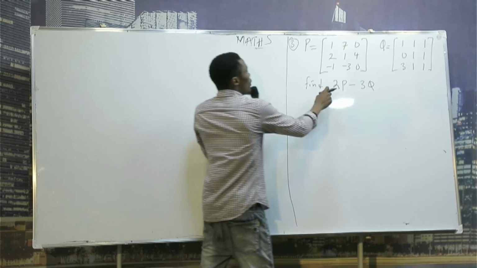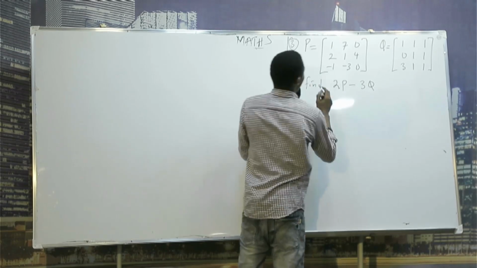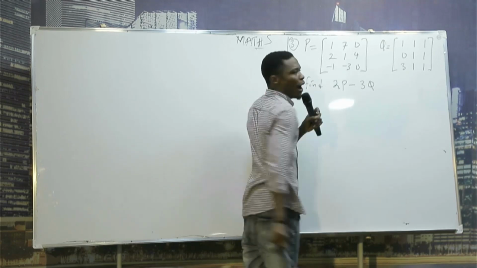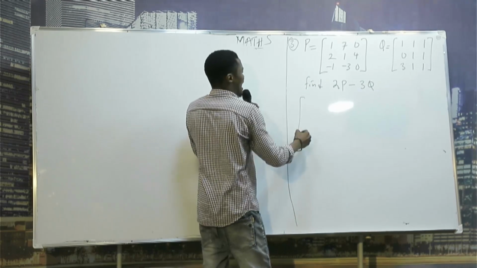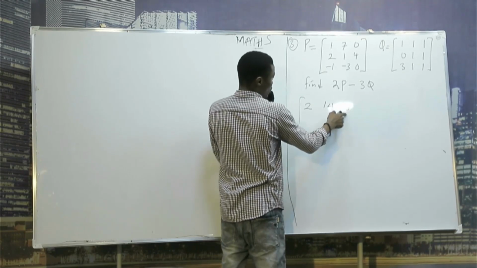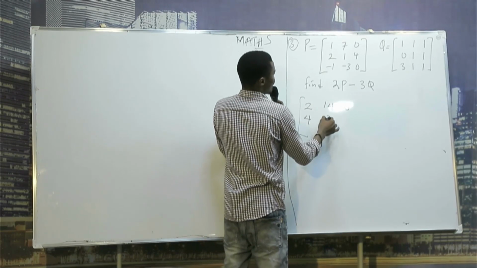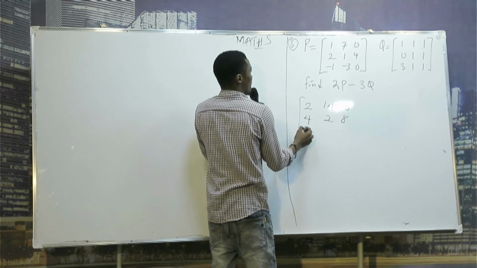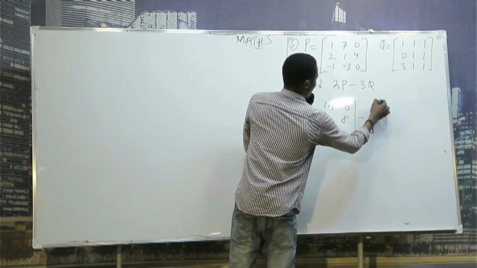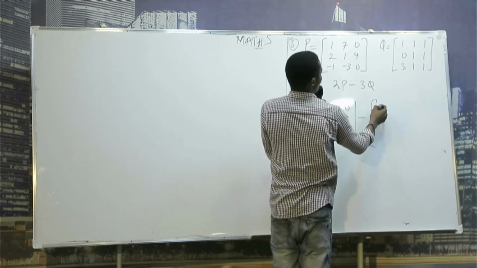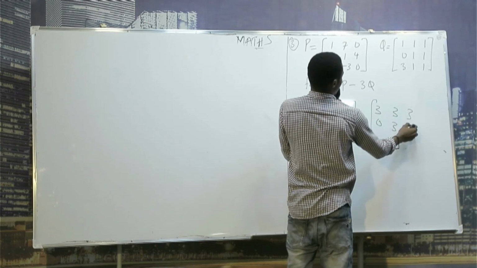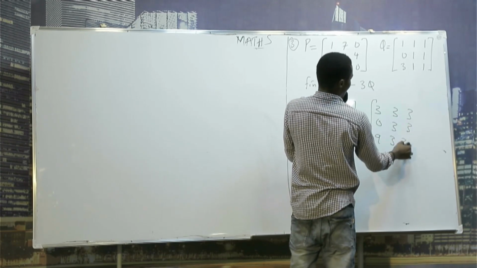Let's get the answer. We said 2P minus 3Q. 2P means first of all, you use 2 to multiply P. Let's multiply. 2 times 1, 14, 0. Here we have 4, 2, 8. And here, minus 2, minus 6, 0. Then use 3 to multiply Q. What do we have? 3, 3, 0, 3, 3, 9, 3, 3.